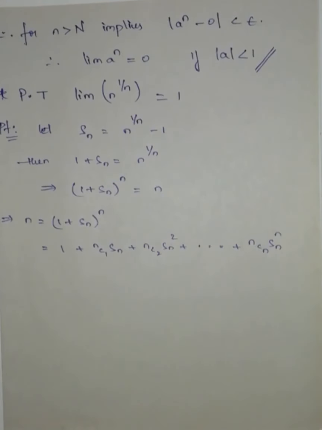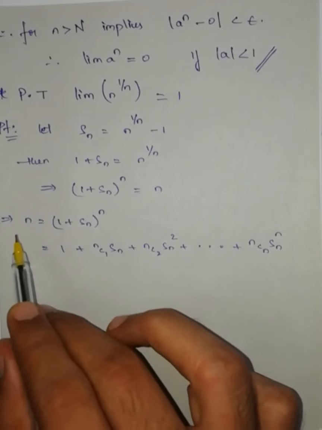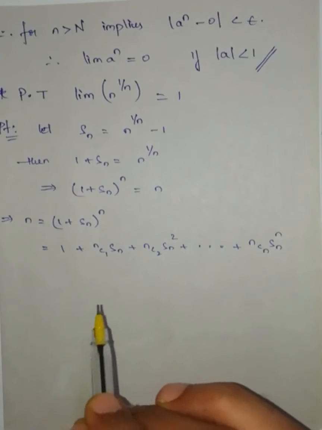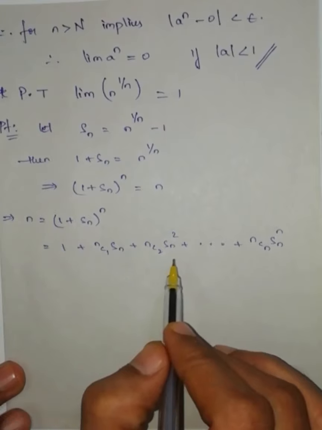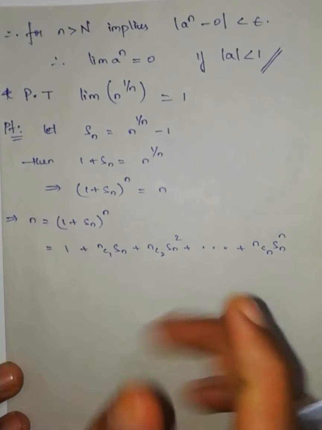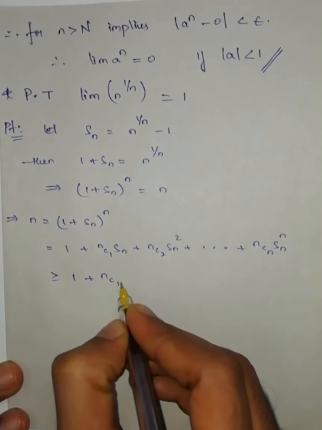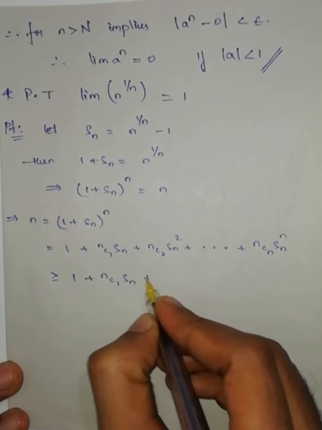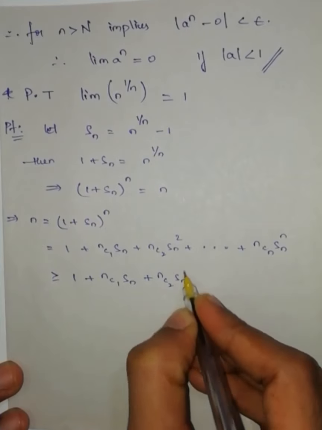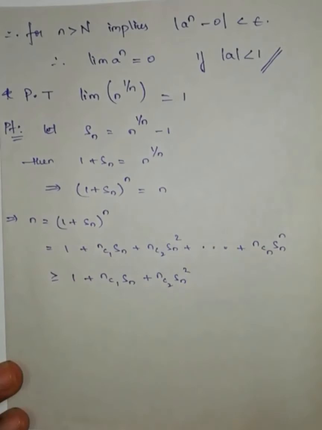Now the sum of these terms is equal to n. If I take only the first three terms, then the sum of the n plus 1 terms will be greater than or equal to the first three terms, 1 plus nC1 Sn plus nC2 Sn square.